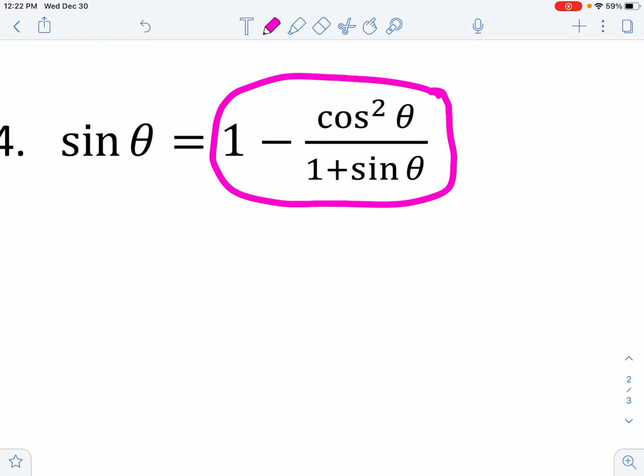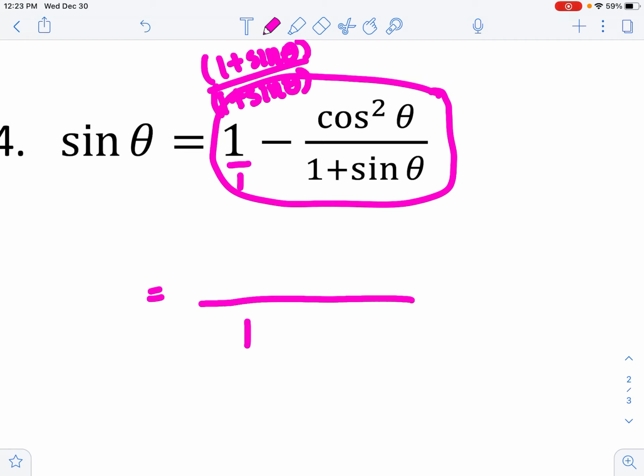Some people say the first thing that they see is that this is 2 terms right here, separated by subtraction, and I need it to be 1 term, so I need to subtract them. In order to do that, I need a common denominator. So I'm going to put this over 1 and see that my common denominator is 1 plus sine of theta. So I'm going to multiply this by 1 plus sine of theta over 1 plus sine of theta.